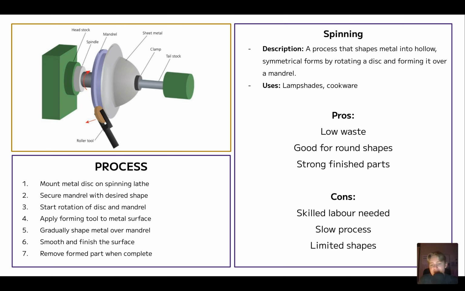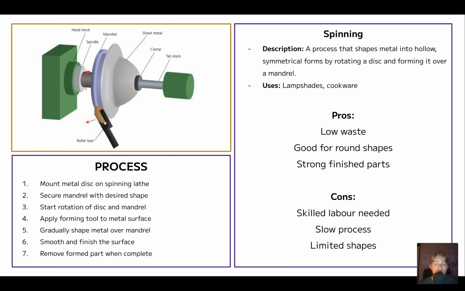So the cons of it is that you do need a skilled operator to use the machine who knows how to do spinning, which requires experience, increases the cost of having to do this process, and therefore the cost of the final price of the final product.